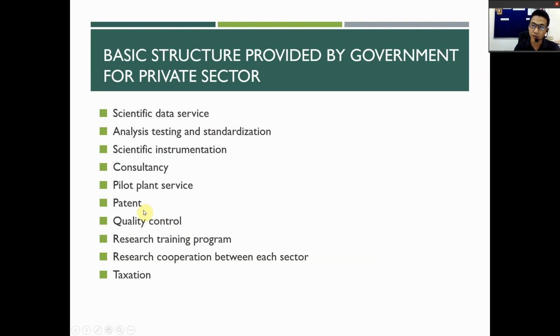It's important that once you produce new products, you have to do some sort of patent, and quality control, QC, research training program, research cooperation between each sector, and taxation, of course.